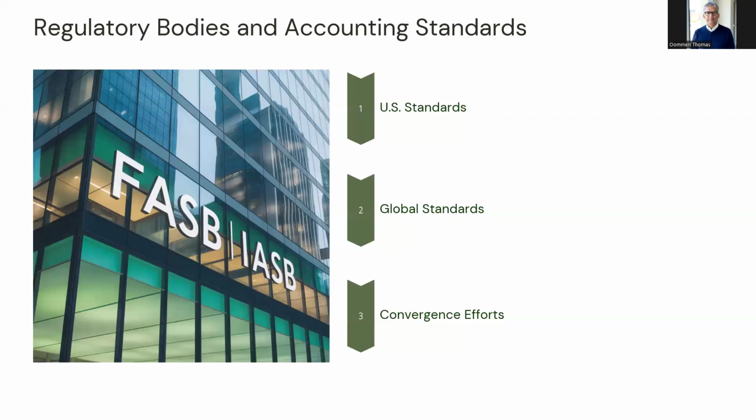The global counterpart of FASB is the International Accounting Standards Board, IASB, and their version of the rules is called the International Financial Reporting Standards. And this is the rule book followed by many countries worldwide to enhance transparency and cross-border comparability. Now, because FASB and IASB are two different bodies, as you can imagine, the rules are different too.